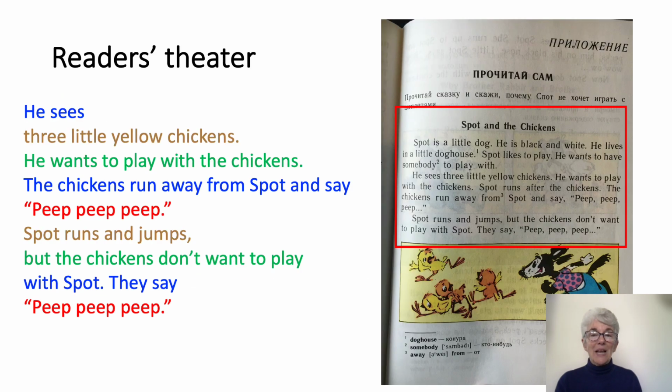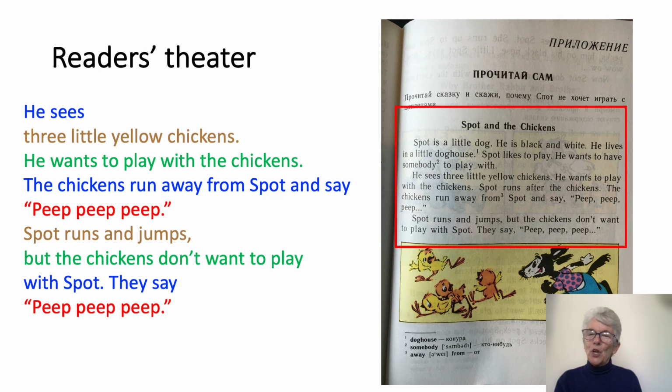Here's another example for younger learners. I've written it in 4 parts, but you might also do it with 9 students, each taking 1 line. Think about this for a multi-level class. You can assign parts that might be easier, like the red part, "beep, beep, beep," to students who are at a lower level.